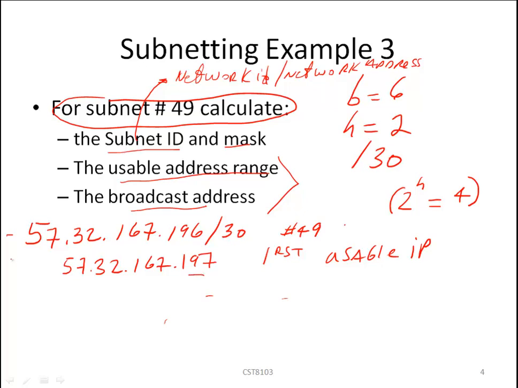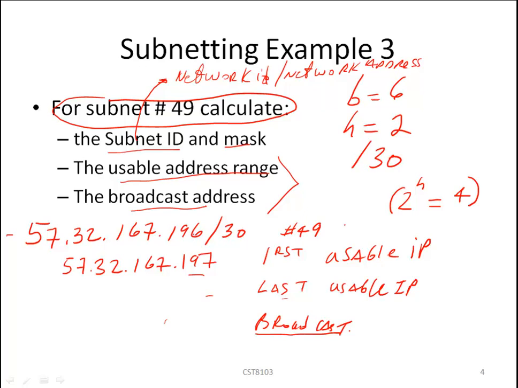In order to get the last one, it is always the broadcast minus 1. Now, in order to get the broadcast address, we can do it the long way. That is, we can convert this to binary and then replace all host bits with ones, and then convert back to decimal, and that would give us our broadcast address.